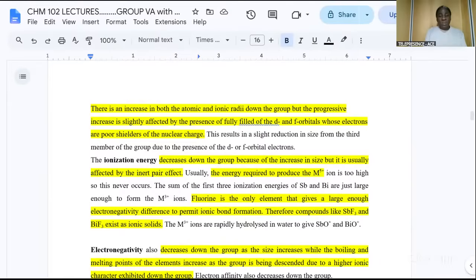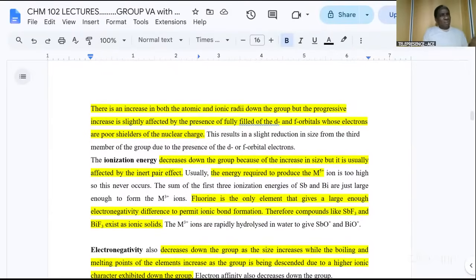Now, take note of this. The energy required to produce the M5+ ion is one of the reasons why the plus 5 compounds might not be easily synthesized. The ionization potential required to get to the plus 5 state goes from one state to the other: the first ionization energy is added to the second, to the third, to the fourth.